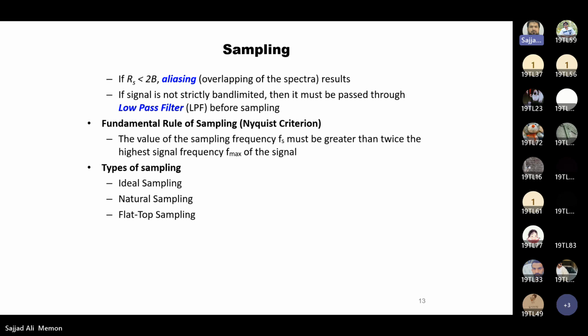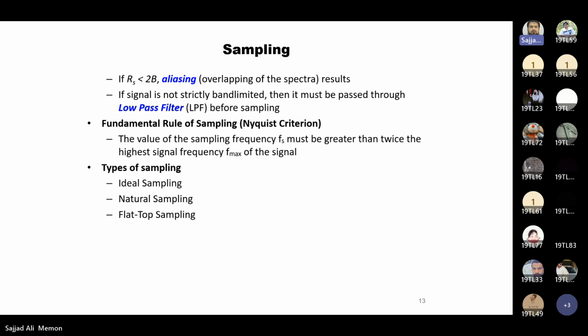So the fundamental rule of the sampling criterion is that the sampling frequency must be greater than twice the highest frequency of the signal. Basically, the literature writes this as the maximum frequency, but this is actually the maximum frequency component, the highest frequency component available in the analog signal.